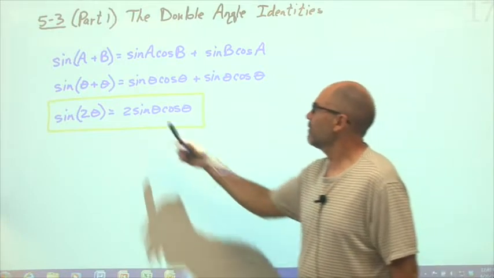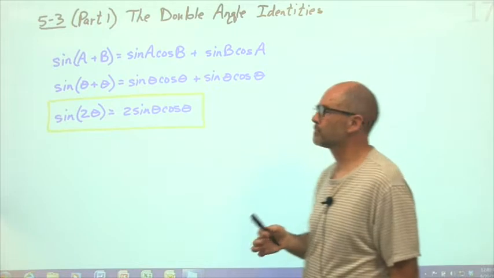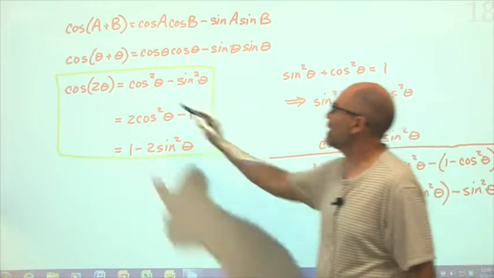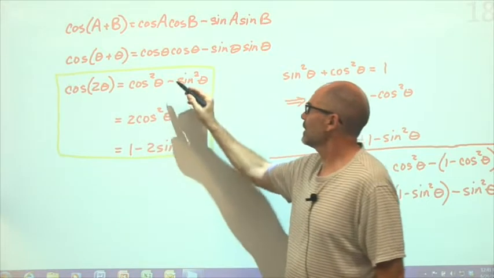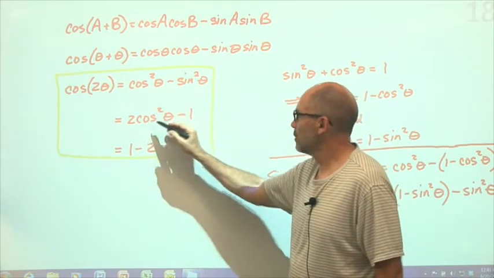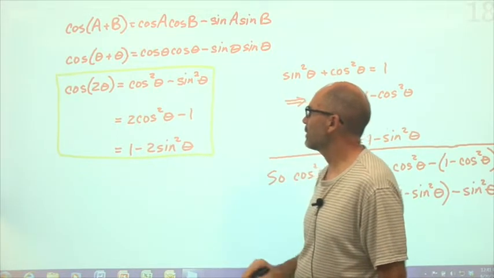But we have sine 2 theta equals 2 sine theta cosine theta. Then we have cosine 2 theta equals cosine squared minus sine squared, or 2 cosine squared minus 1, or 1 minus 2 sine squared.